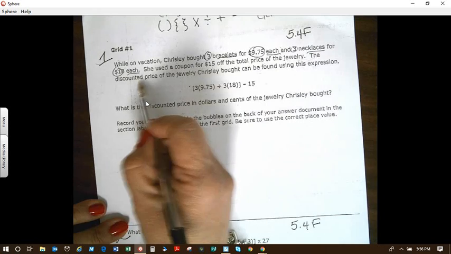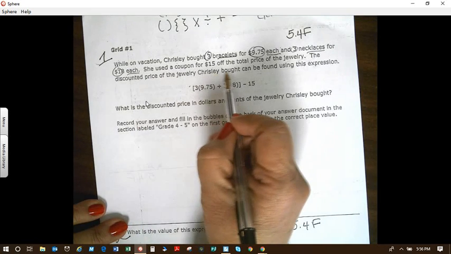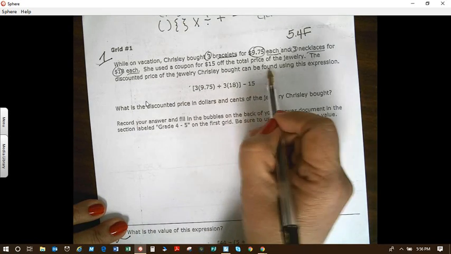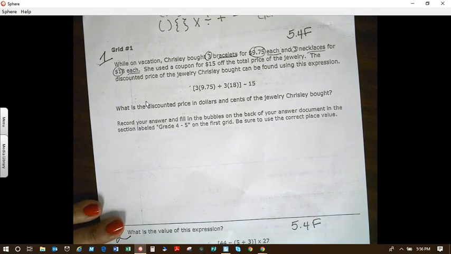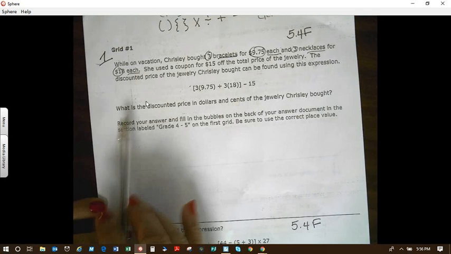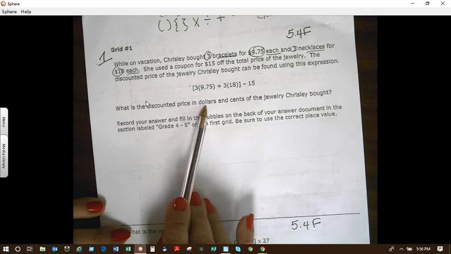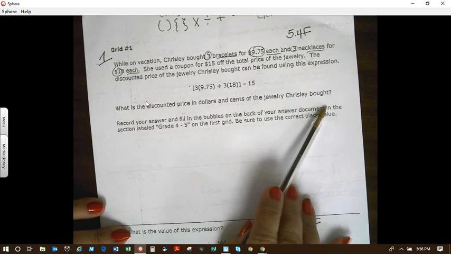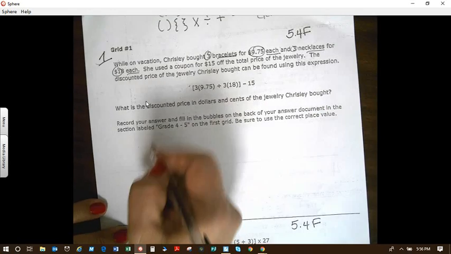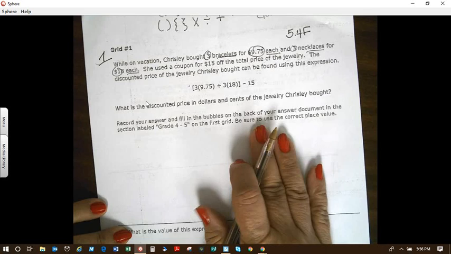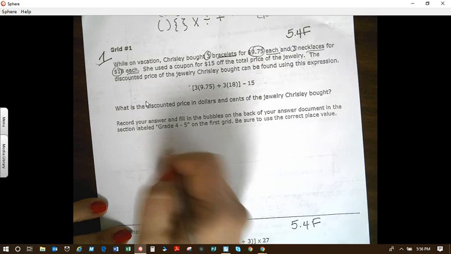The discounted price of the jewelry Chrisley bought can be found using this expression. Okay, so they already did the expression for you. All you need to do is find the discounted price in dollars and cents of the jewelry Chrisley bought. We're not going to bubble in anything, but we are going to solve.